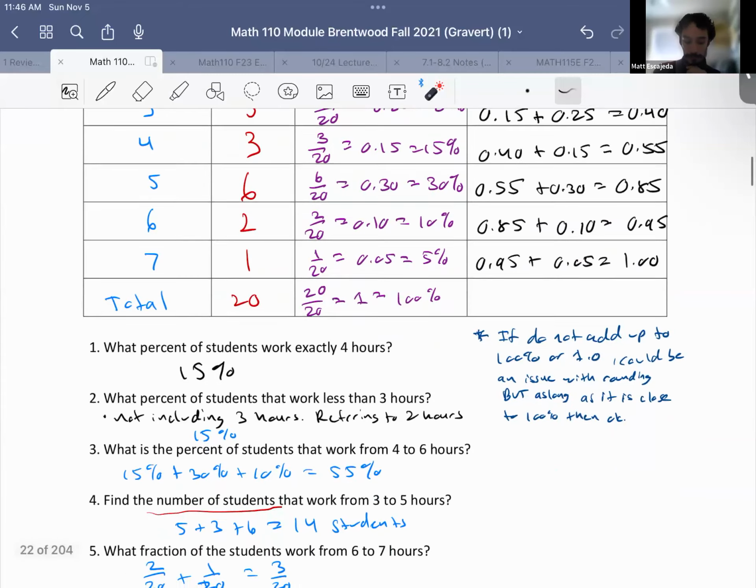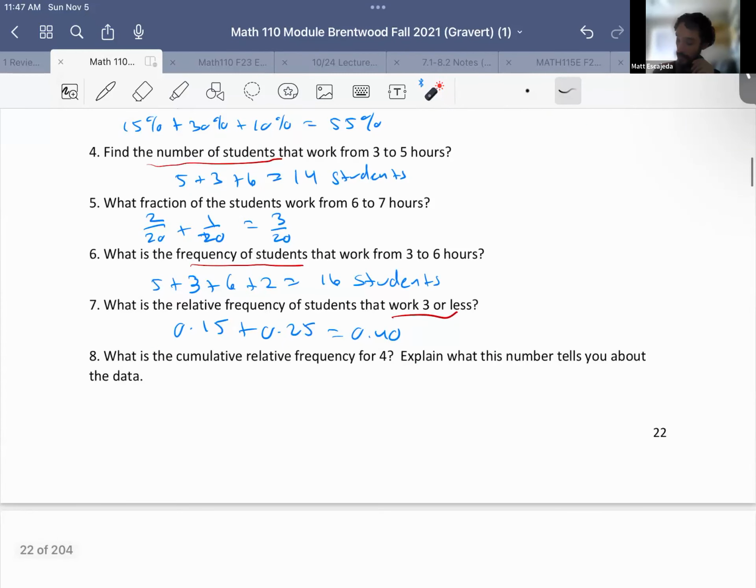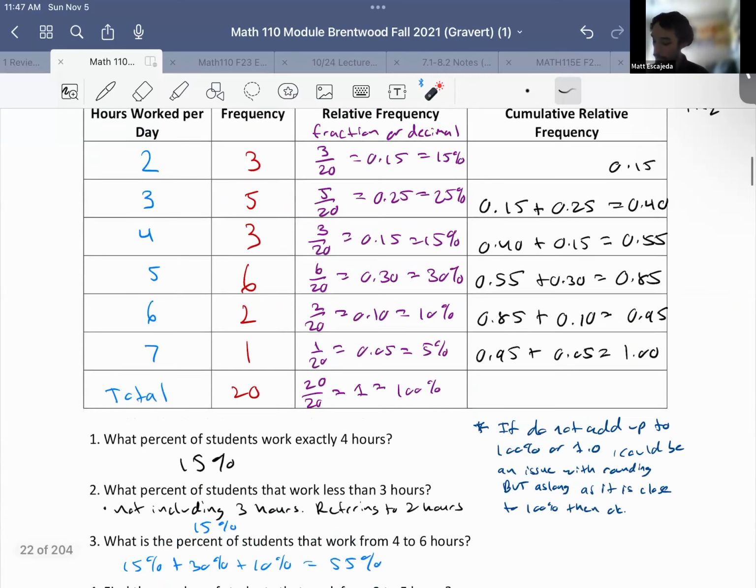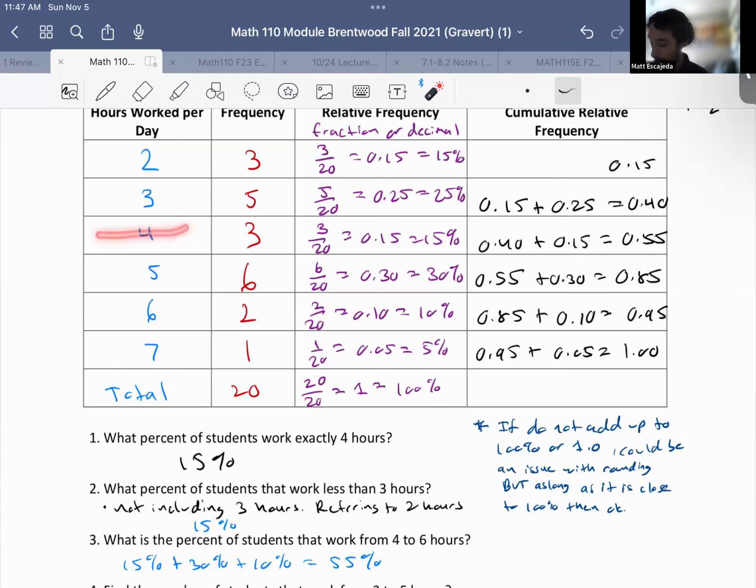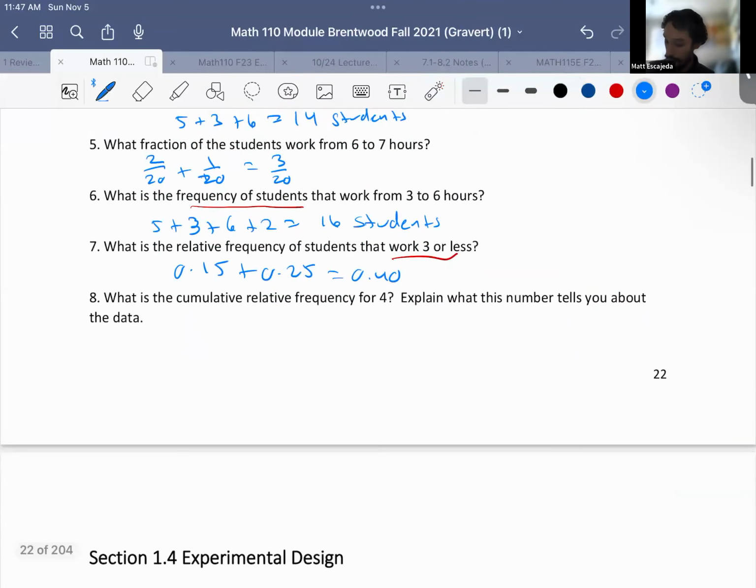Okay, so number 8, last question, is what is the cumulative relative frequency for 4? Okay, so explain what this number tells you about the data. So cumulative relative frequency for 4, we just look at our row 4 here, and then we see our cumulative relative frequency is 0.55. Okay, so we don't have to do much there. That's just our answer. So 0.55. And so what does this tell you about the data?